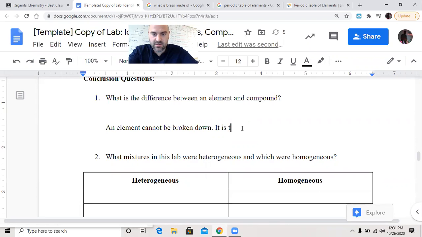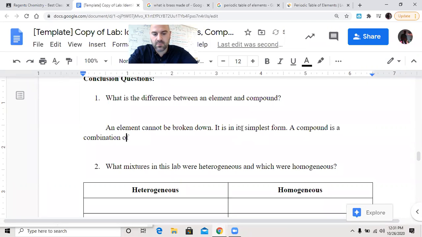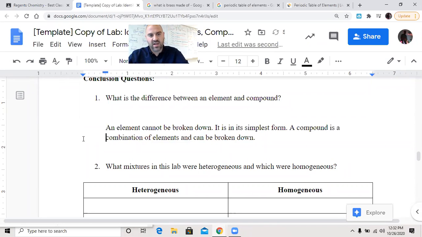It is in its simplest form, while a compound is a combination of elements and can be broken down. That's a pretty good answer there. So again, please highlight your answer or put it in a different font style. I don't care.